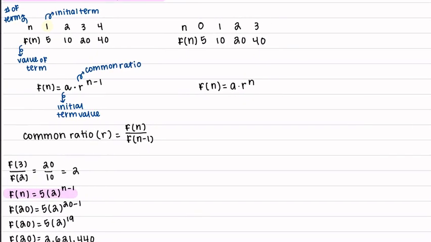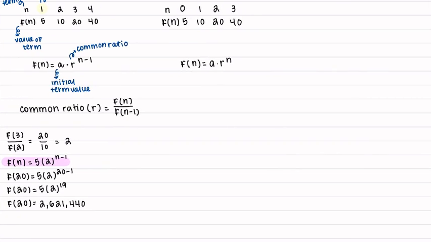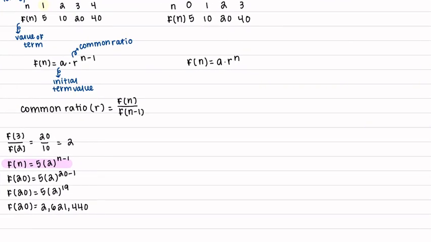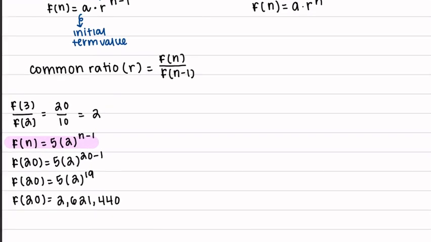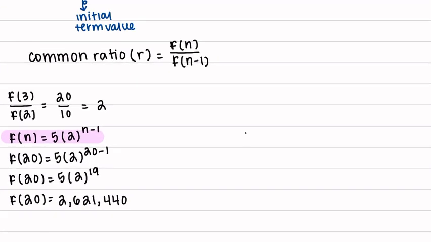So how does that change this problem? Well, the common ratio is still going to be the same, but my function to represent the sequence is now f of n equals 5 times 2 to the power of n.